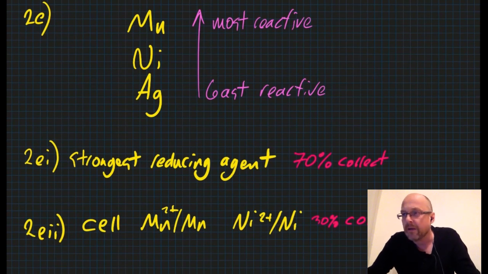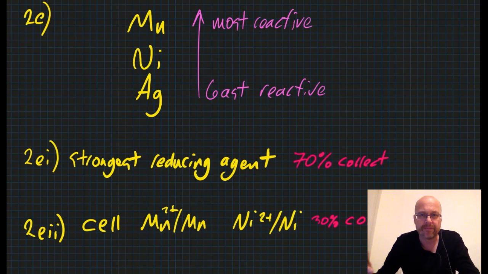2E. Strongest reducing agent. Well, first of all, let's think. If manganese is the most reactive, manganese is a metal. So metals hate electrons. So that means manganese wants to lose electrons the most. And silver, well, that's the opposite. That wants to hold on to its electrons compared to the others.